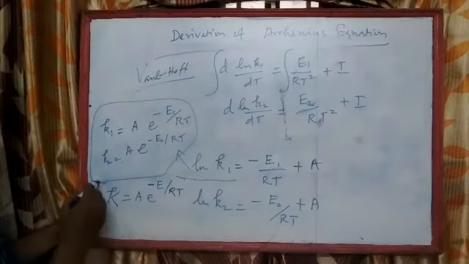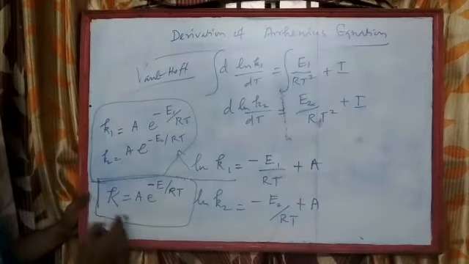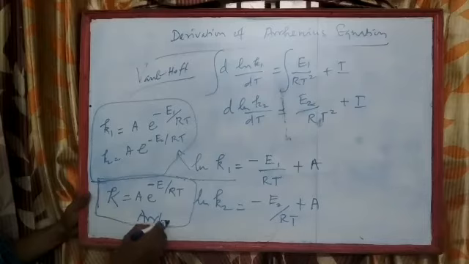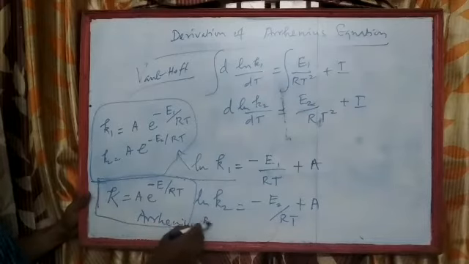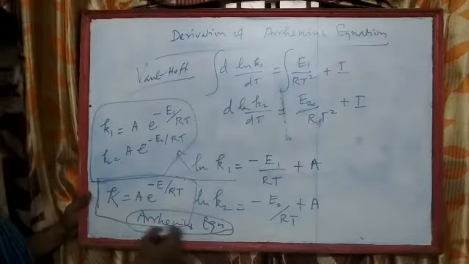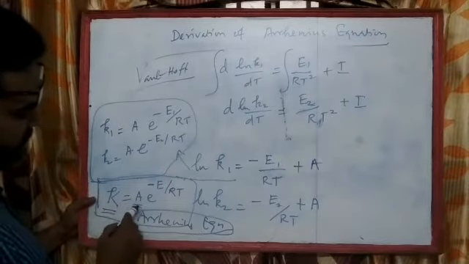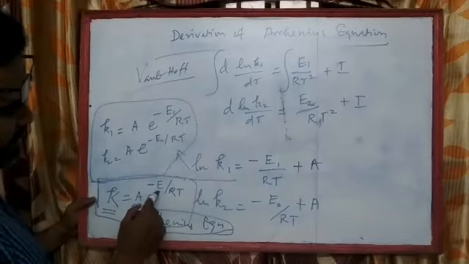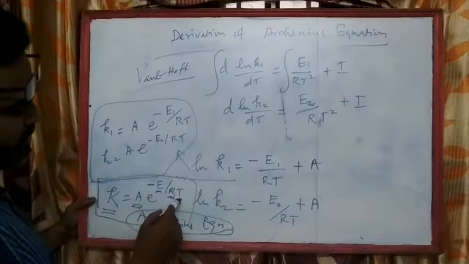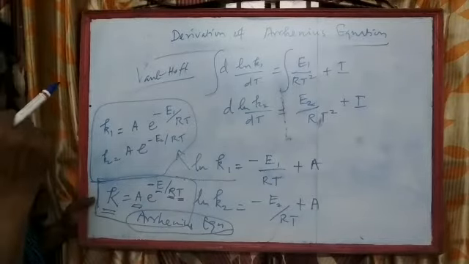So this equation is known as the Arrhenius equation. This equation states that k is the rate constant, A is a constant or a frequency factor, E is the energy, R is the gas constant, T is the temperature.